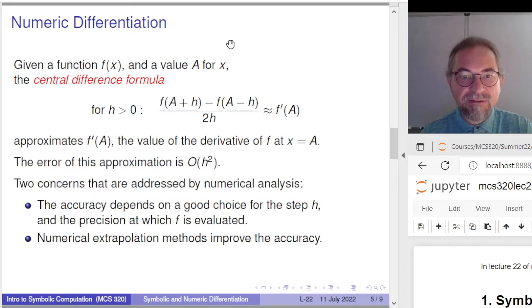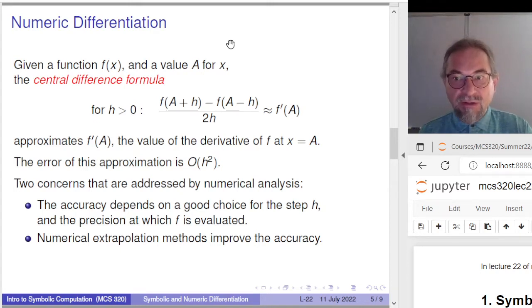Now, with numeric differentiation, there's just one simple step. Here we have given a function, so we must be able to evaluate the expression.